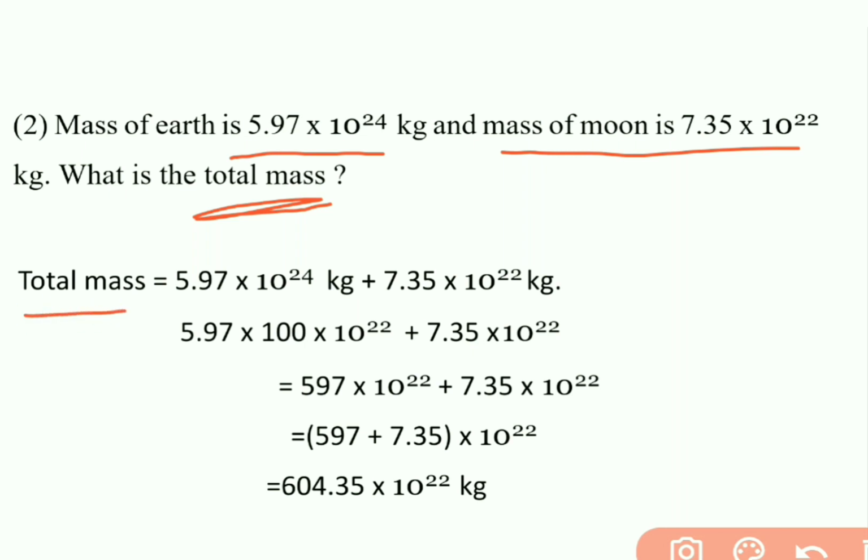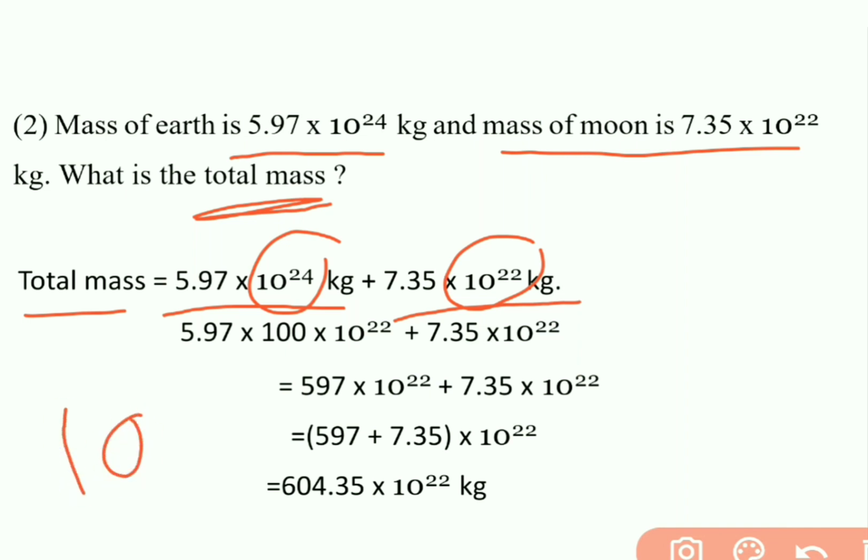Total mass is equal to mass of Earth plus mass of Moon, and for an addition we have to convert these exponential numbers into the same exponent. Here the exponent is 24 and here the exponent is 22. So we will write the bigger exponent in terms of the smaller exponent.